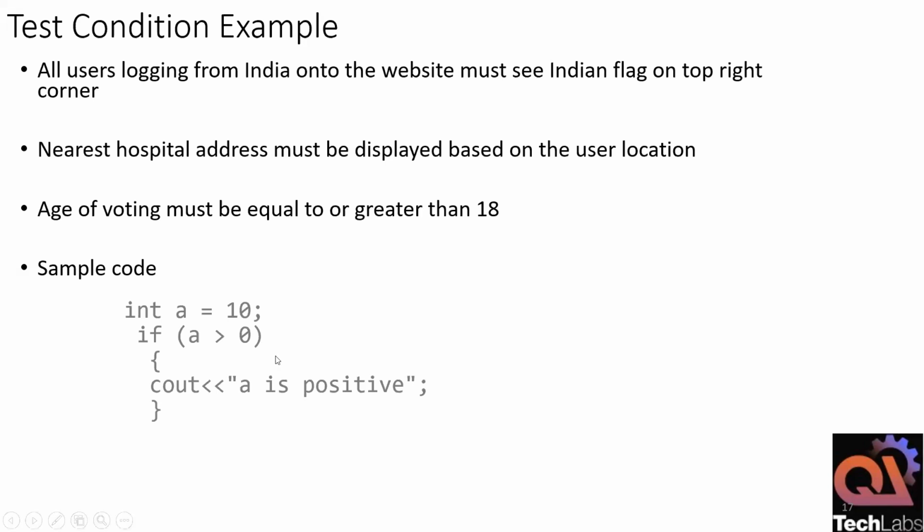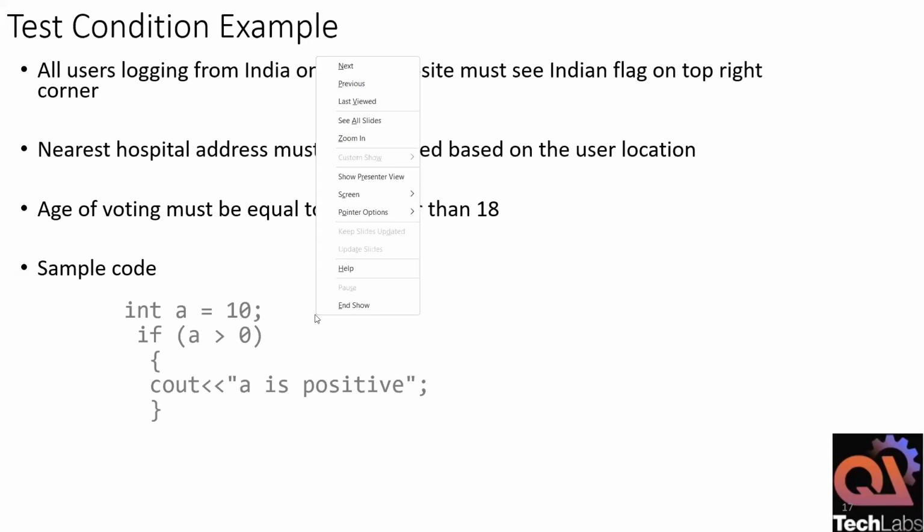Take a pen and paper. Put the test conditions for age of voting must be equal to or greater than 18. Three conditions.